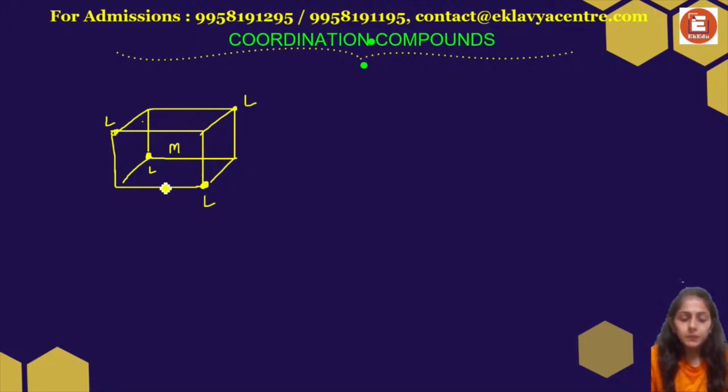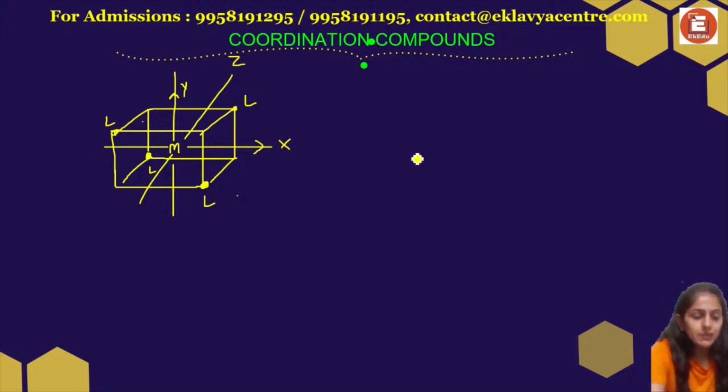Yes, so it's connected. Now suppose this is our x-axis, this is the y-axis, and this is your z-axis. These are the axes.